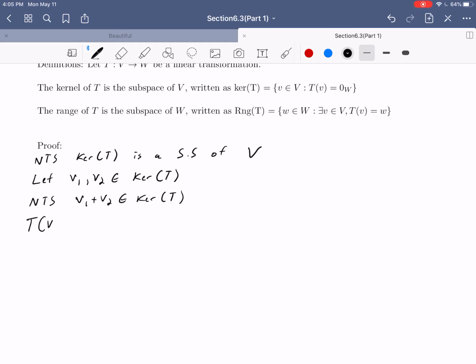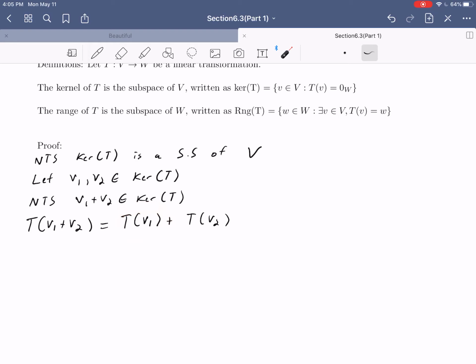So T of v1 plus v2. Since T is a linear transformation, we know that T distributes over that vector addition. So we can write this as T of v1 plus T of v2.